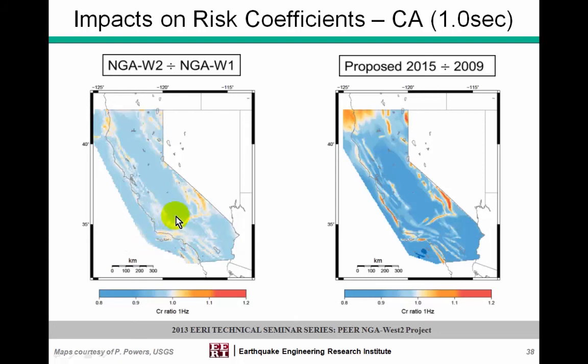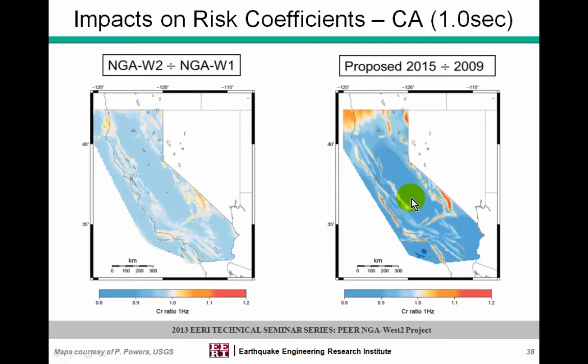These are changes in risk coefficients of maybe 5% at most. So there's not much of an effect on the shape of hazard curves. Although it's interesting, in most places it's bringing the risk coefficient down a little bit. So there is something systematic that I'm not sure about right now. But again, small changes, so not too impactful.